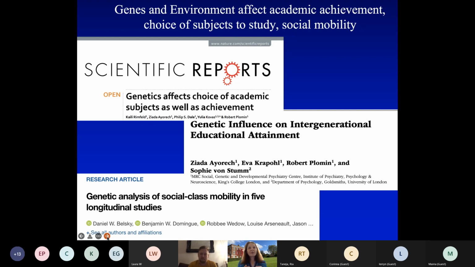And so that again demonstrates a genetic contribution. But also monozygotic twins are not identical in their choices, and that demonstrates an environmental contribution to these choices. So even choices are genetically driven and environmentally driven to some extent. Another set of papers here demonstrates that even the concept of social mobility is not entirely social.